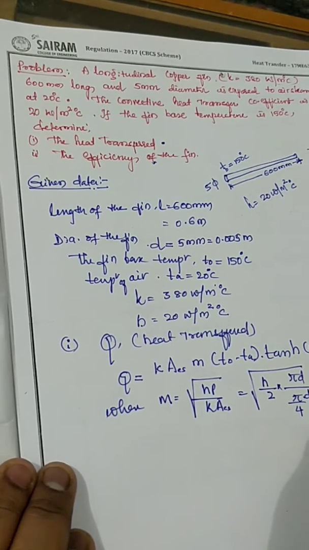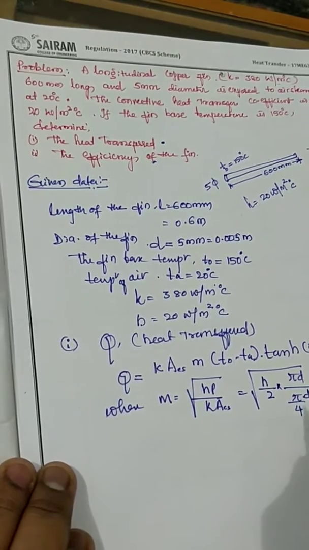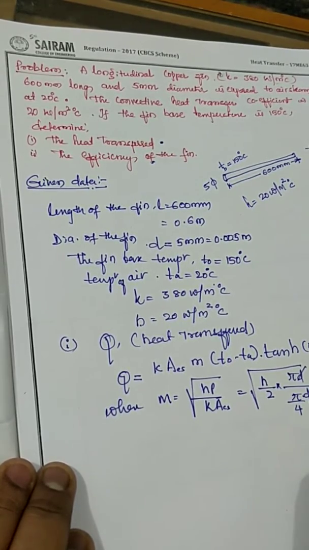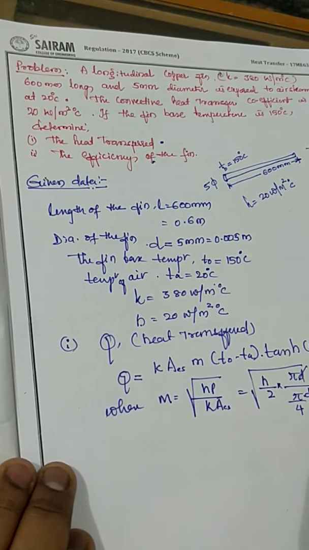So further this equation we have to write it: under square root of 4h by kd, because one d remains. So m is 4h divided by kd under square root.